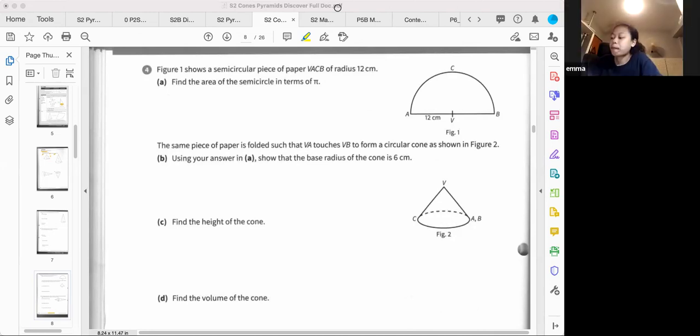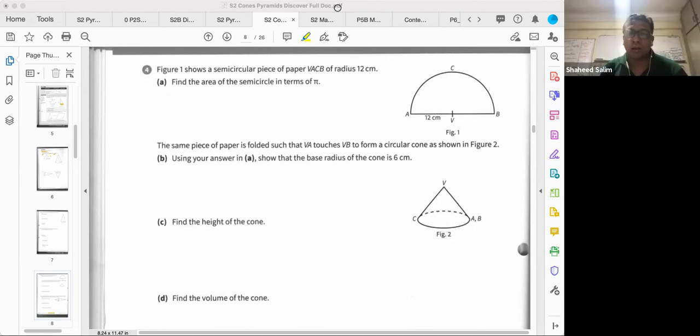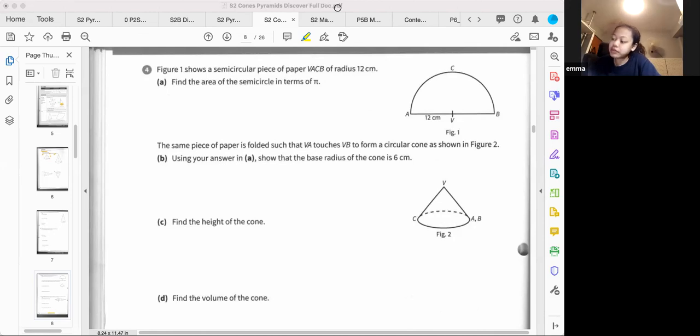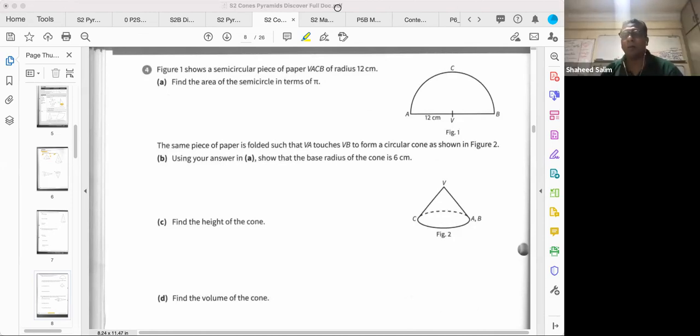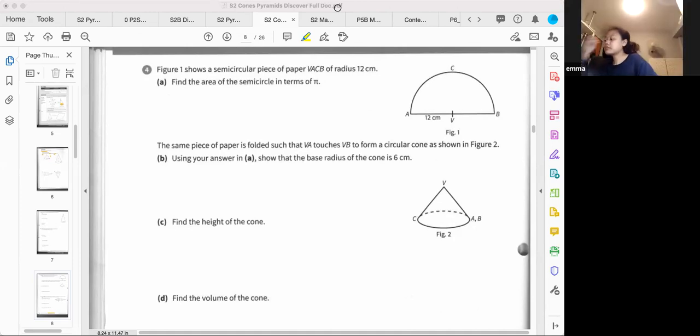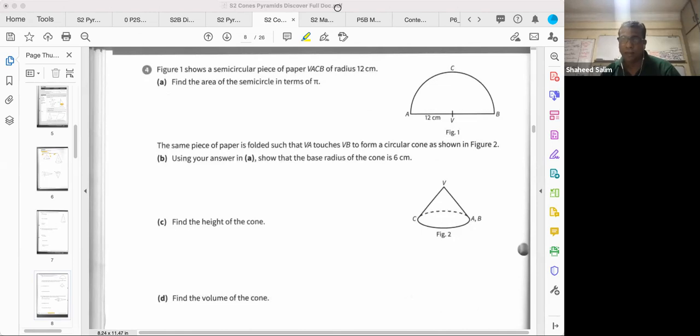So if you have found this semicircle, what have you found of the cone? Have you found the base area or the curved surface area or total surface area? So you have curved surface area. So you use that formula to find the radius, because you have the slant height. The slant height is how much?